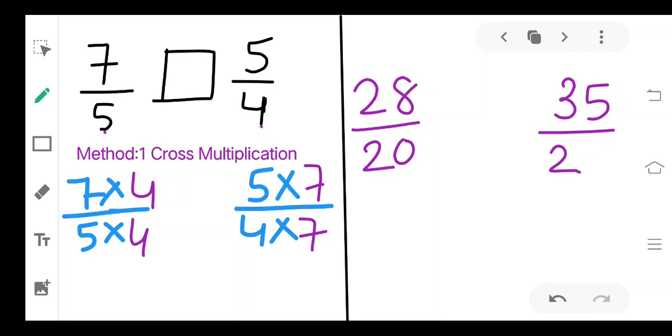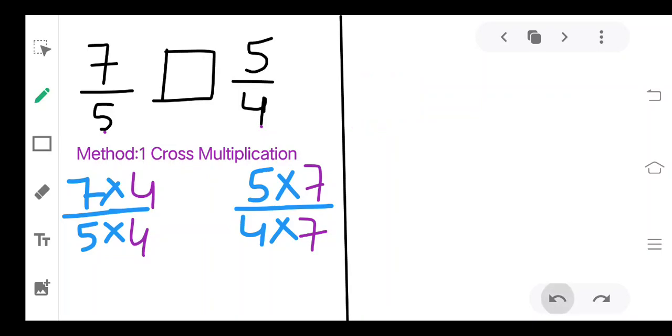Sorry students, there are some mistakes. You can see here one mistake is done by me, and that is we have to multiply with 5. Sorry students, here we are taking cross multiplication. As we are going to take 7 here, so we are going to take 4 here. So we have to multiply here with 5.